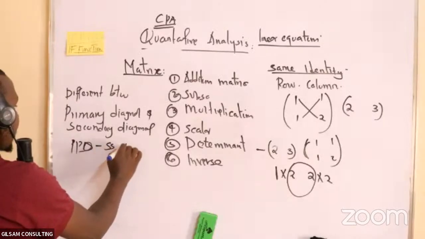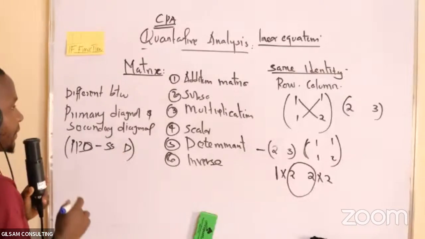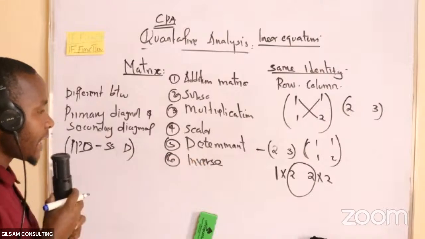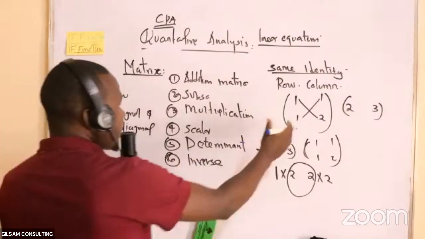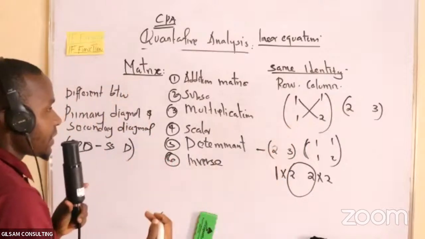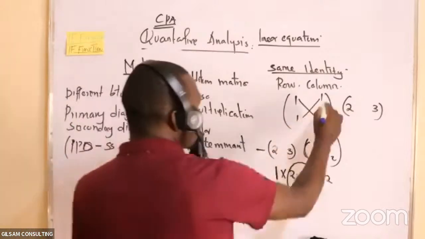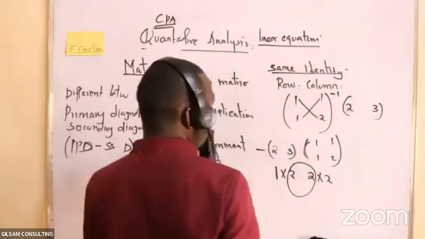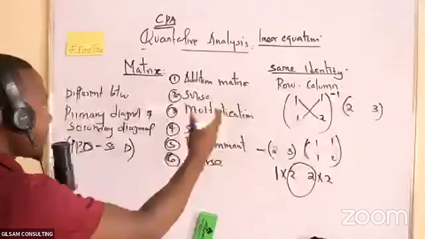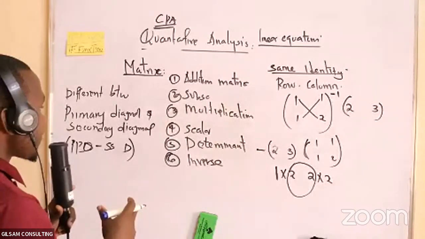So it will be the primary diagonal product minus the secondary diagonal product. That will give you the determinant. Now, if this is the matrix and I say the inverse, I have to raise this one by -1.